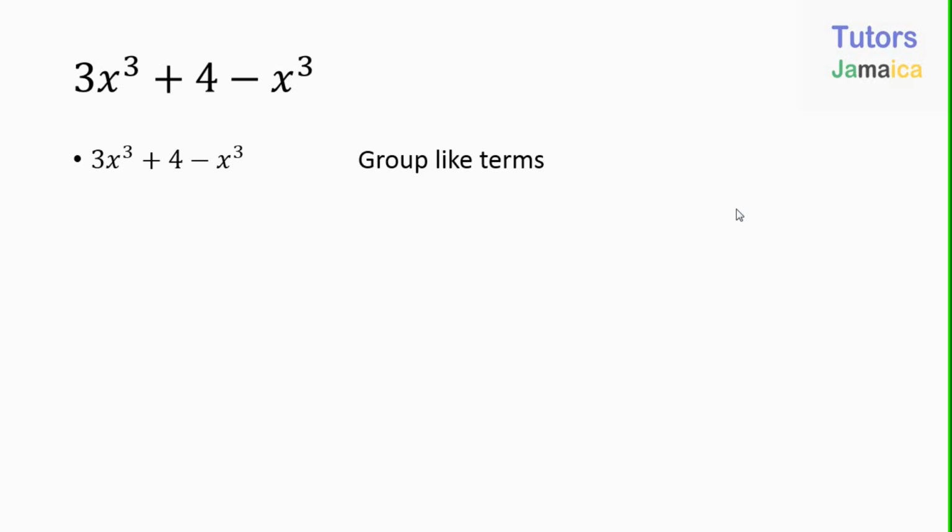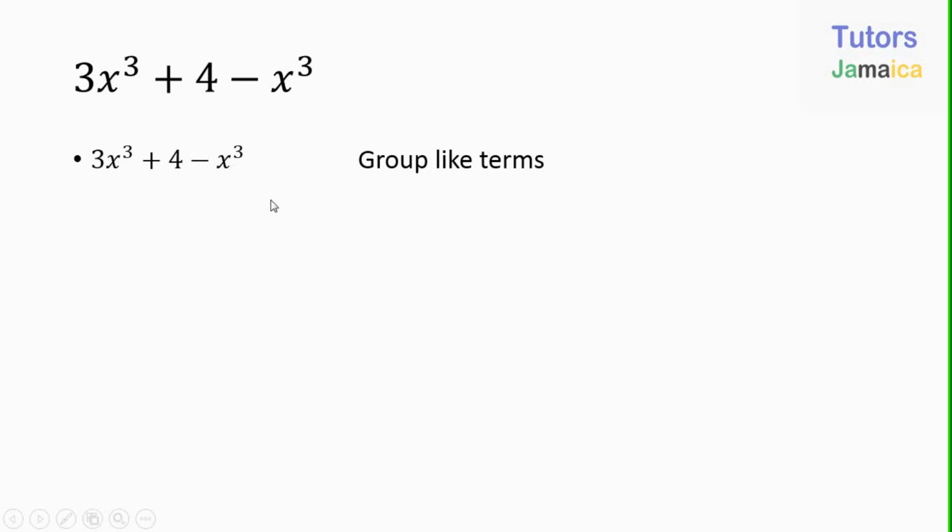Now, one thing to note is that whatever operation is in front of a term, it will take that operation with it when you group. So we have 4 minus x cubed. If we are moving this x cubed, then it has to take the minus sign with it.